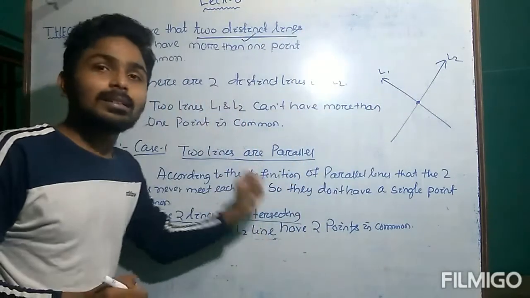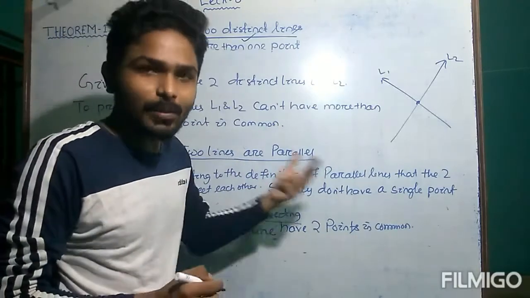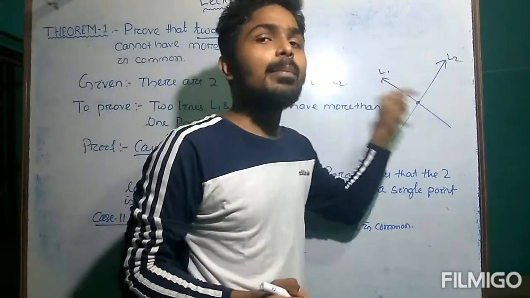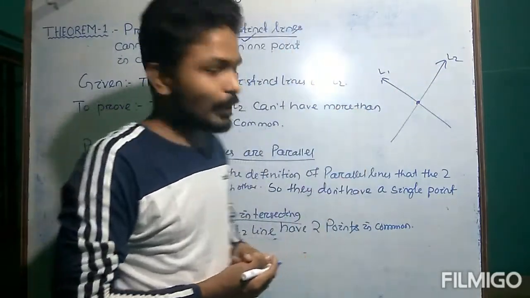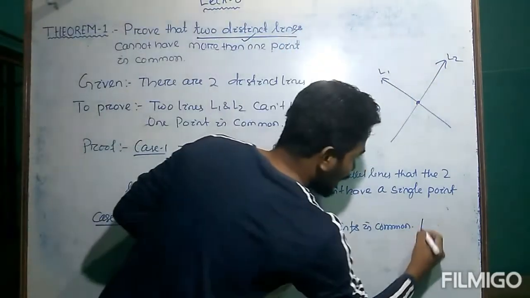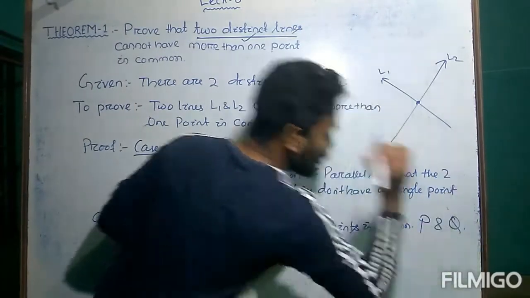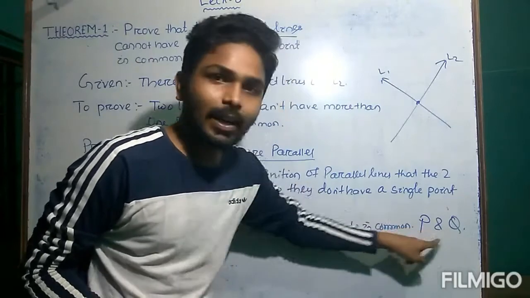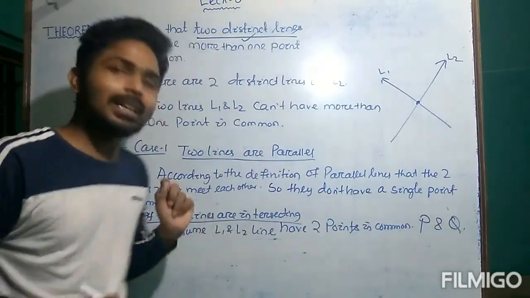But here we have to consider a false statement. What is the false statement? The statement is that these two lines L1 and L2 have 2 points in common. What are the 2 points? P and Q. So these 2 points are common to the lines L1 and L2.